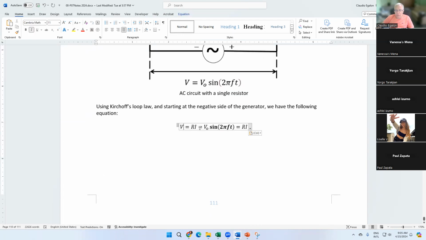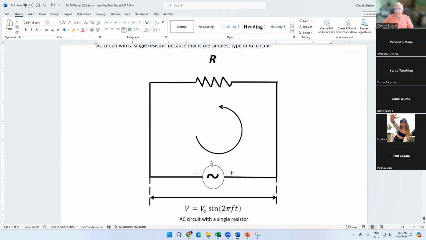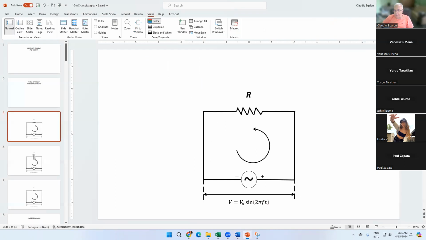Let's do it step by step, right? V of the generator. I'm gonna use that later on. V of the generator. We're gonna pass through the resistance. And by the way, we have to also establish the direction of the current. It's not just like that. So let's say at a given instant of time, we have a current.